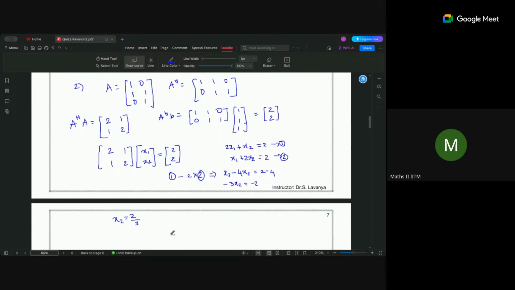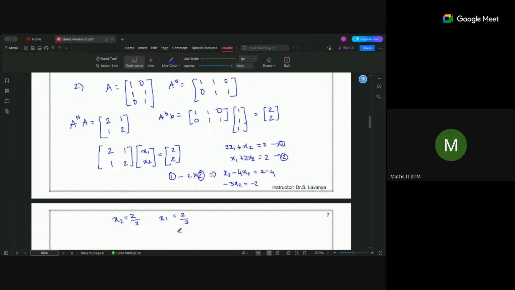So x2 is equal to 2 by 3. Compute x1 quickly and tell me the answer. What is x1? Compute and tell me what is x1. 3 by 2. Sure? Check again. 2 by 3.